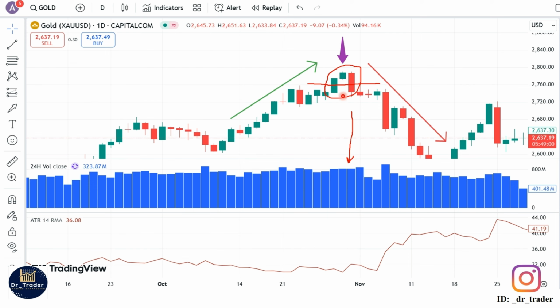And overall, it is a strong evening star pattern, and we can see that it changes the trend from uptrend to downtrend, and also the price changed from $2,800 to approximately less than $2,600, and it shows how strong this evening star pattern is.